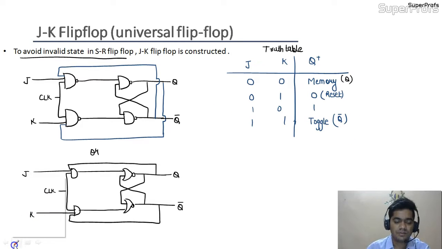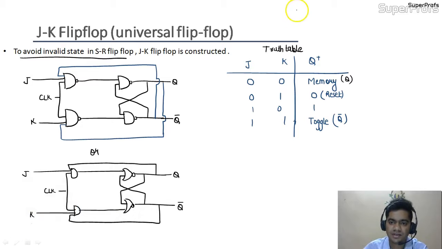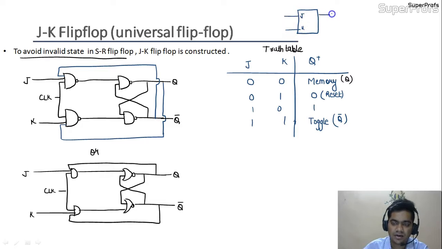So if we want to represent a JK flip-flop, we can also represent it using a block diagram. Okay, so these inputs would be J and K, and the outputs would be Q and Q bar. If we want to represent the clock pulse, this sign represents the edge triggering.